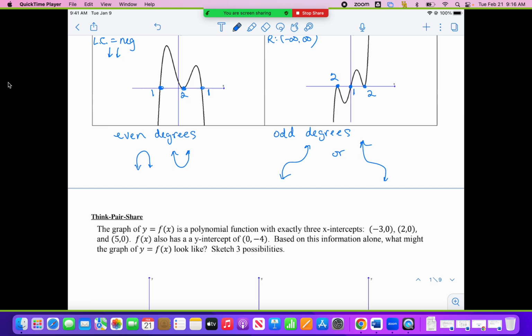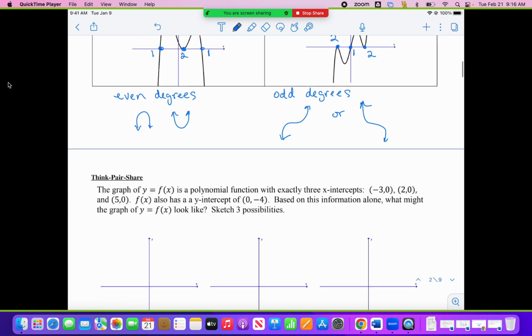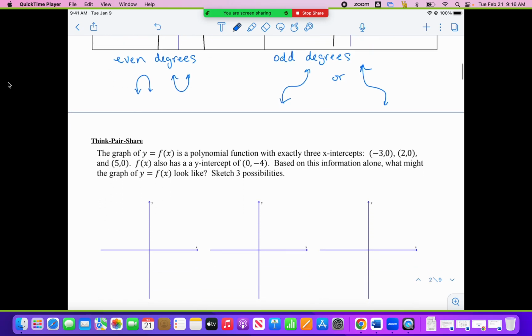I want you to sketch 3 possible graphs. There's no other x-intercepts besides those 3. So I want you to come up with at least 3. And it's got to cross at (0, -4) as well.